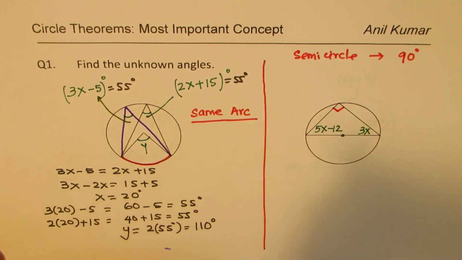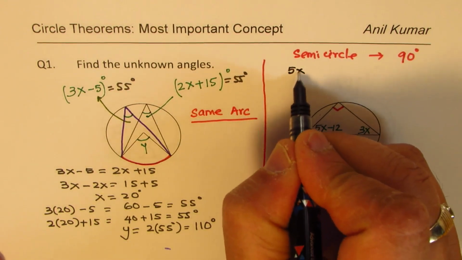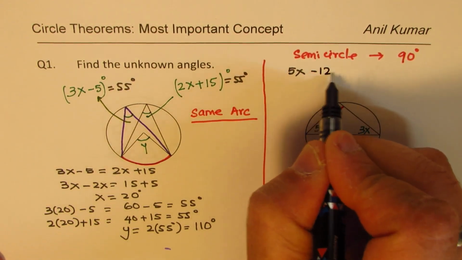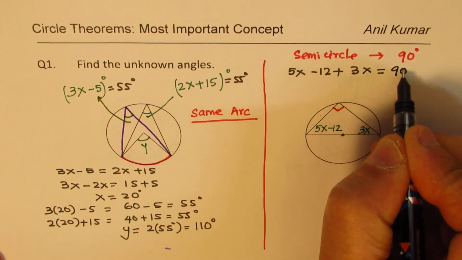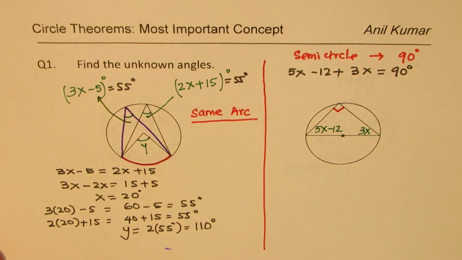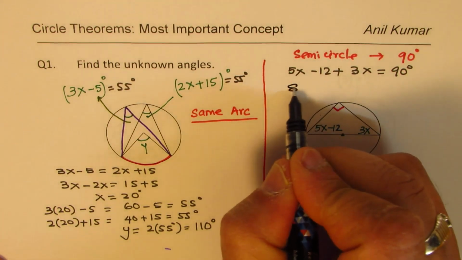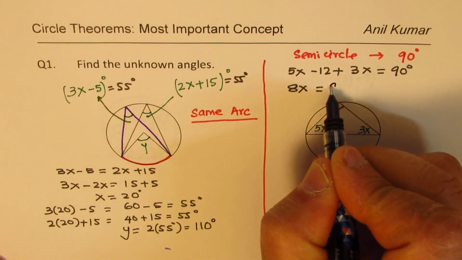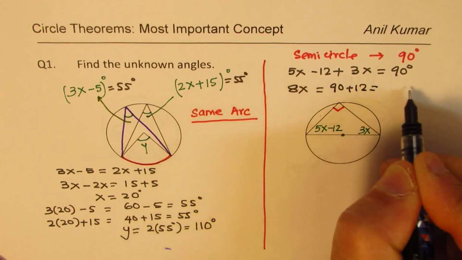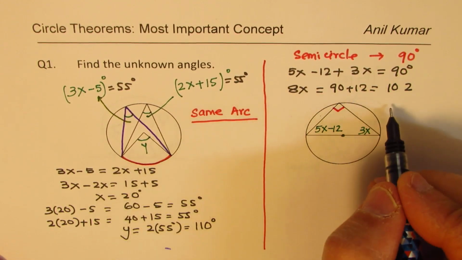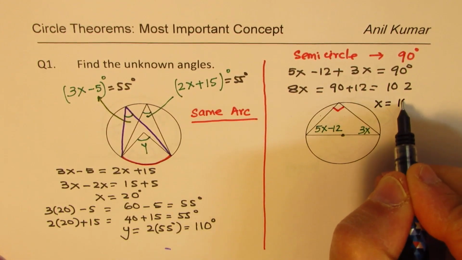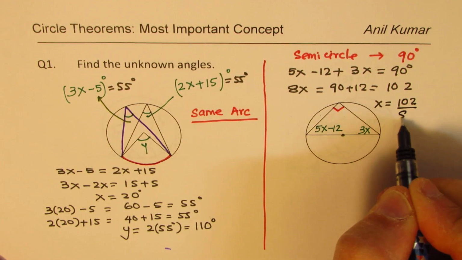So this really means that the value of 5x minus 12 plus 3x should be equal to 90 degrees, right? Since total is 180 degrees, other two angles should add up to 90 degrees. So that gives you 8x equals 90 plus 12, which is how much? 2 and 10, 102. And that gives you the value of x as 102 divided by 8.